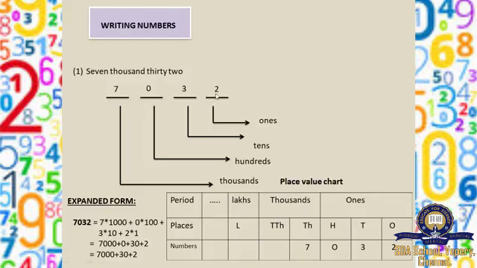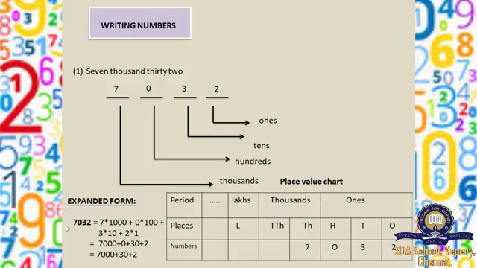We have to represent the numbers below the places. Below ones place we write 2. 3 is present in tens place, so below tens place we write 3. Hundreds place number is 0. Thousands place number is 7, so below thousands we write 7. If you are asked to write the place value chart, you have to write like this.